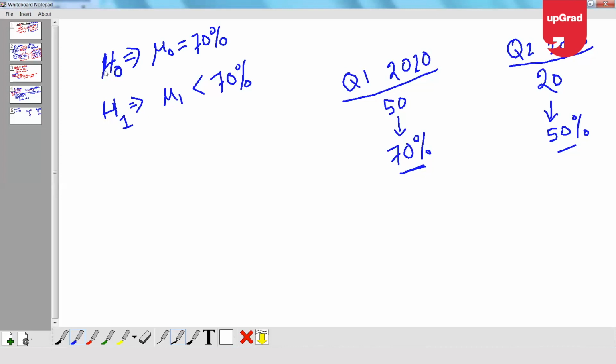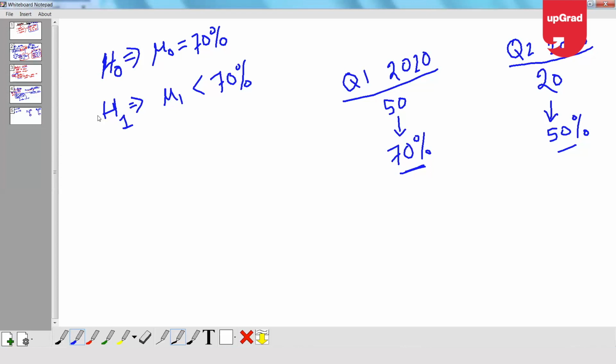So now I will do some tests. What tests? Don't worry about it right now, we'll look into it in detail. So suppose we have done some statistical tests, and the outcome of these tests are nothing but p-values, right? P-value means the probability of something being true.